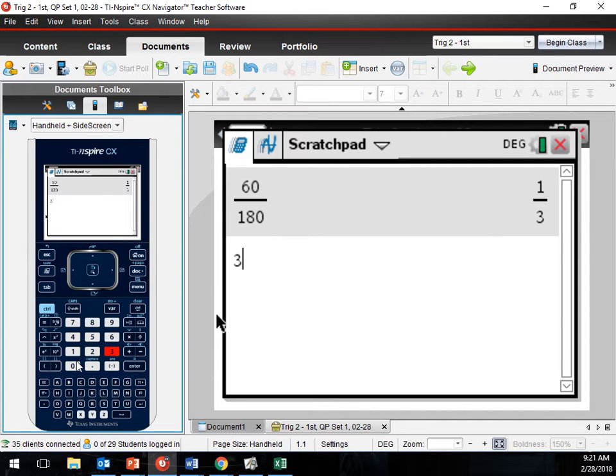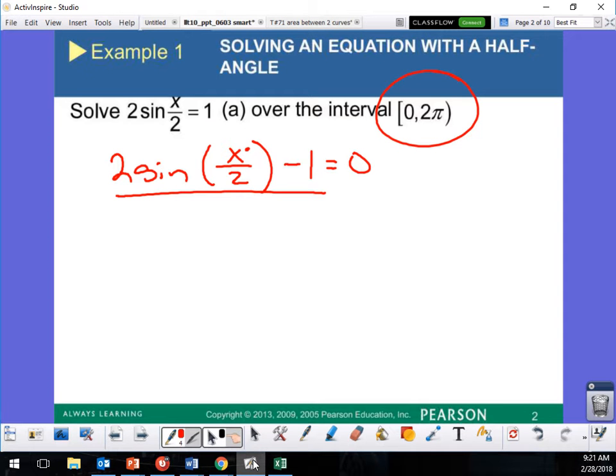My other one was 300 over 180, and my answer is going to be 5 pi over 3. So, let's write our solution set: pi over 3 and 5 pi over 3.